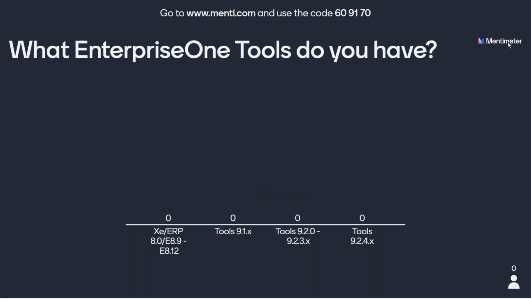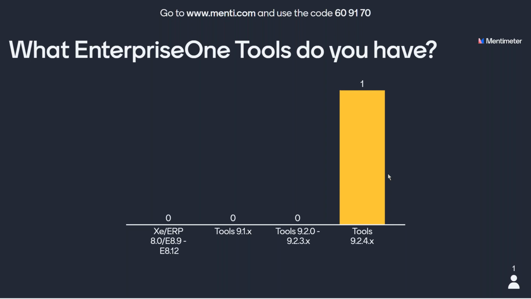I want just to get a quick poll to have you guys go here to www.menti.com, and if you use this code, you can choose one of these four choices just to give me a high level of the tools. This is my first time using this one, so we'll see if this works or not. But basically, I want to give about a minute or so, and thank you very much. I want to know where the tools are at.